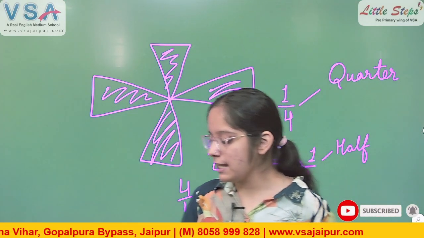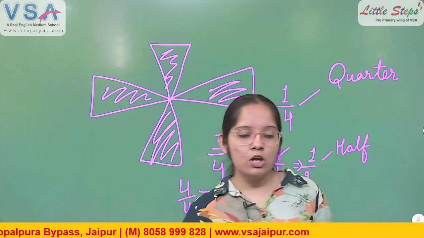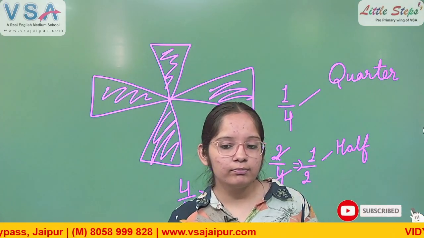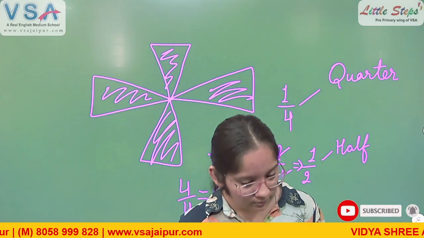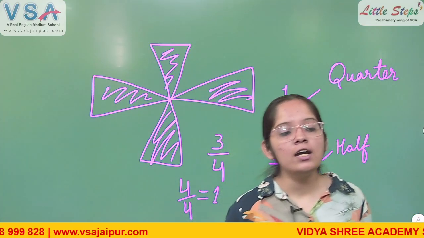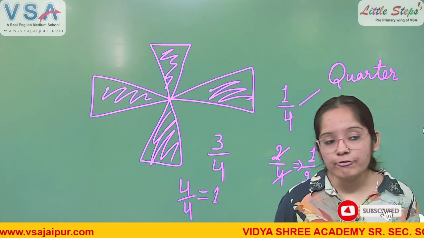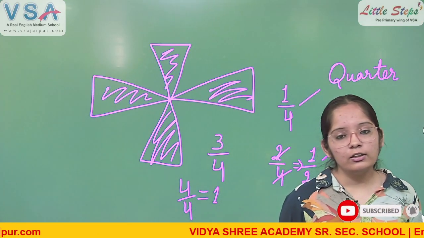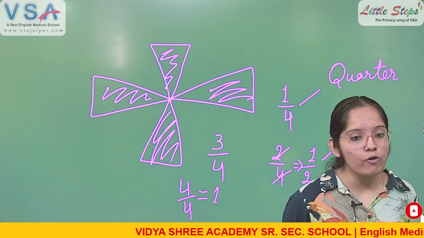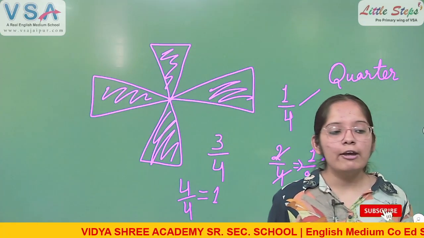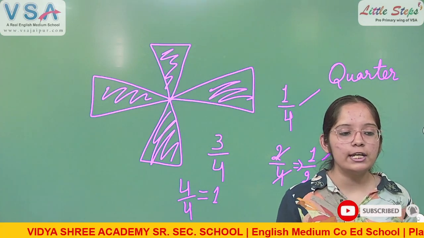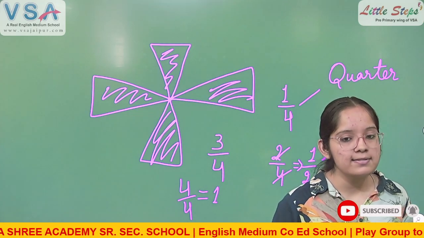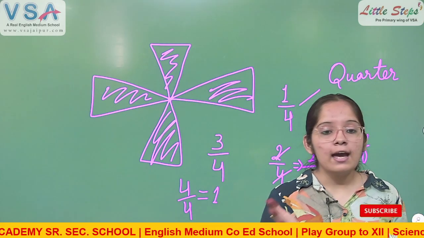Did you understand? Now let's do a quick revision. What is a fraction? A fraction is a part of a whole. What is half? 1 upon 2. When we divide any whole into two parts, each part is known as half.